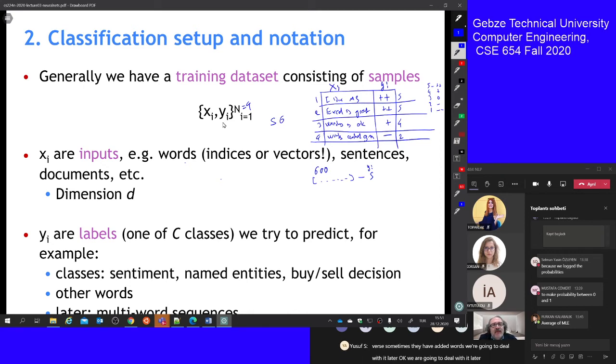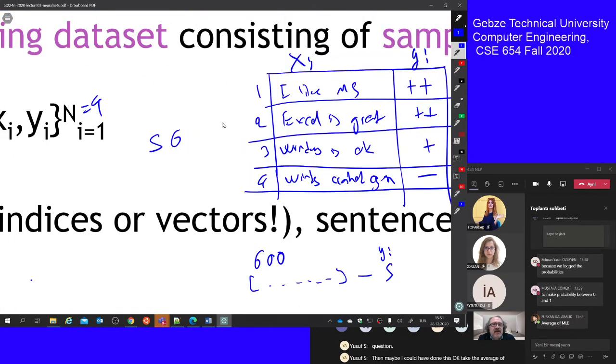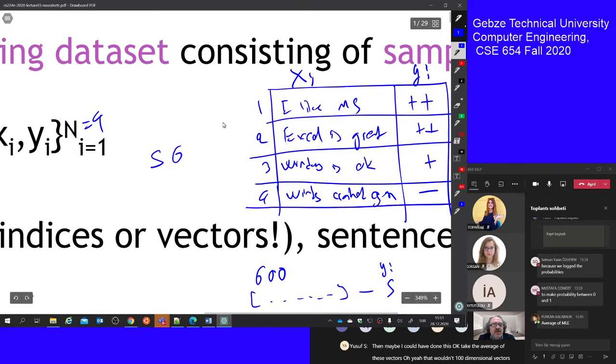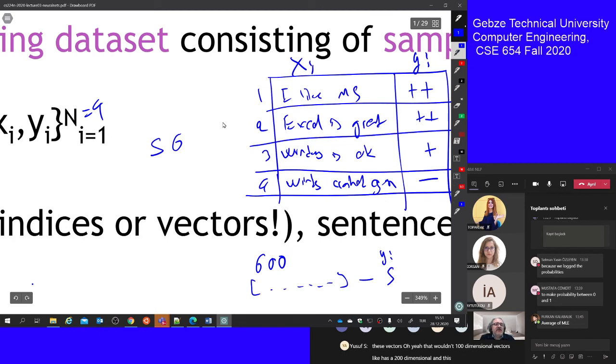Question: maybe I could have done this. Take the average of these vectors. I has a 200 dimensional vector, like has a 200 dimensional, and this one has a 200 dimensional. If I take the average of these 3 vectors, again I would have a 200 dimensional vector for the whole sentence, right? This would be nice. Why?